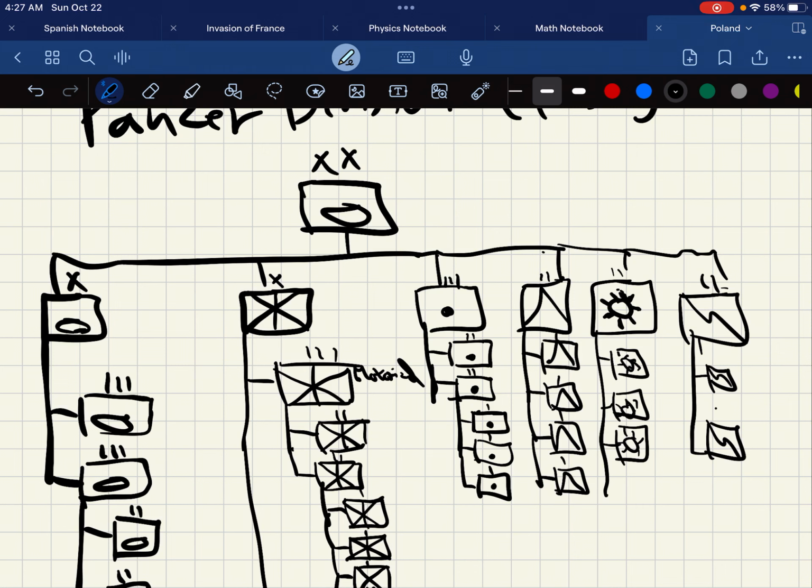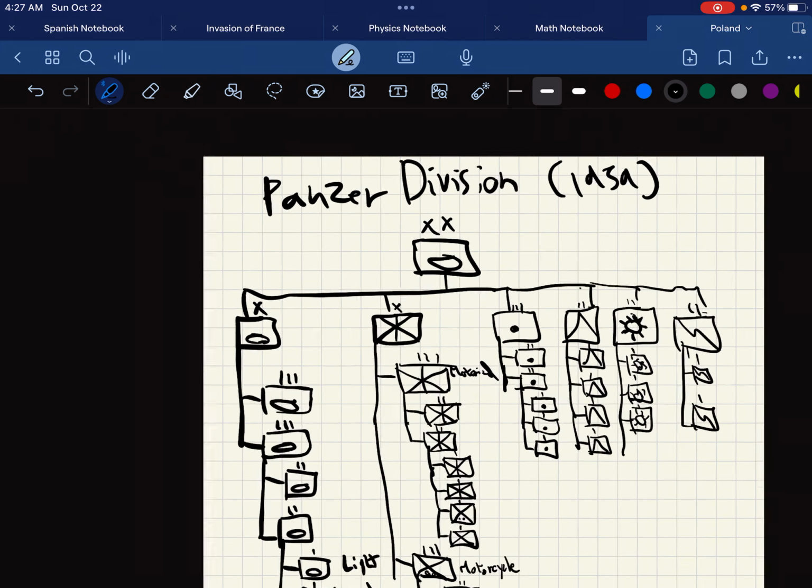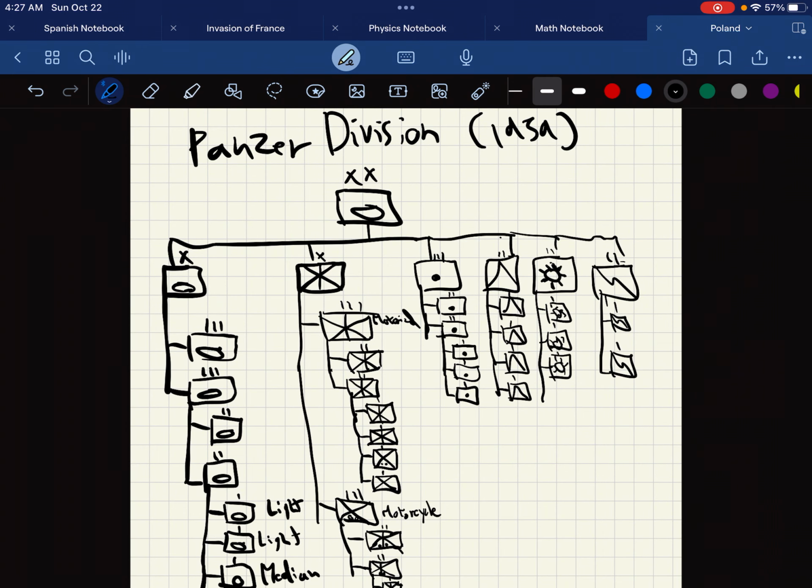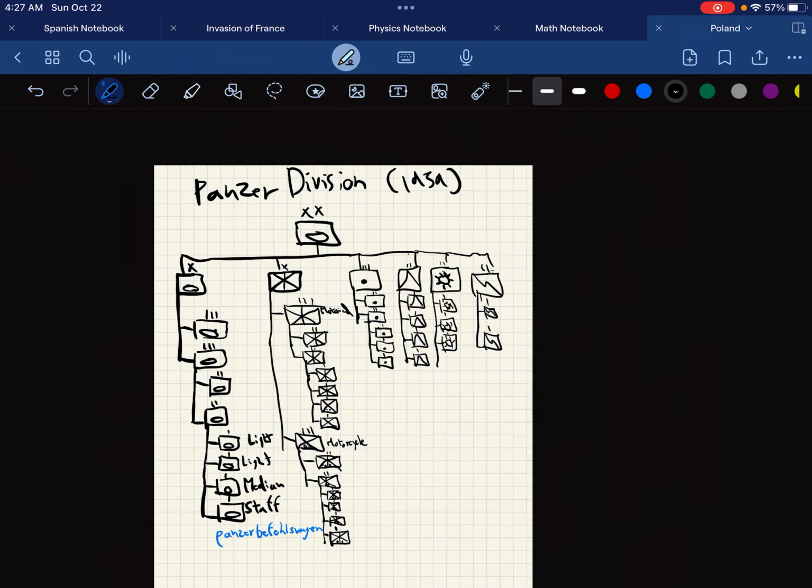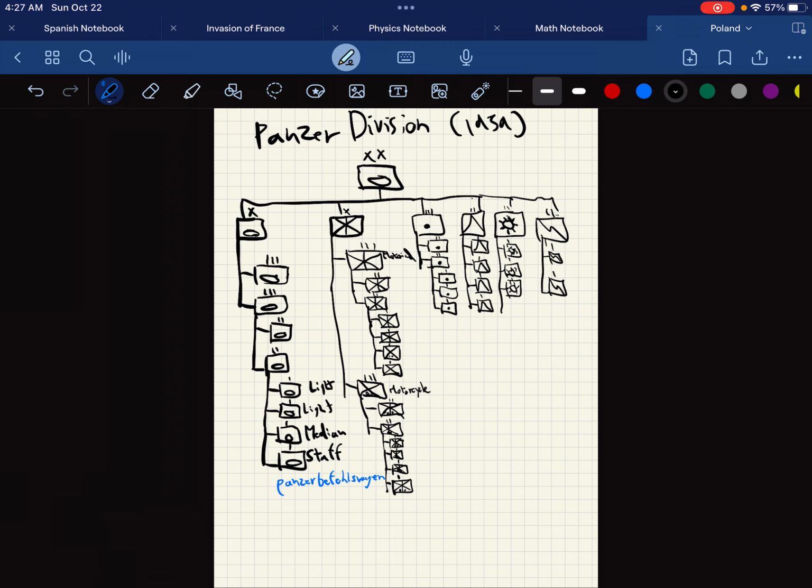Two companies, that is. So, unless I'm forgetting something, this should be it. This should be all of the parts of the Panzer Division's organization.